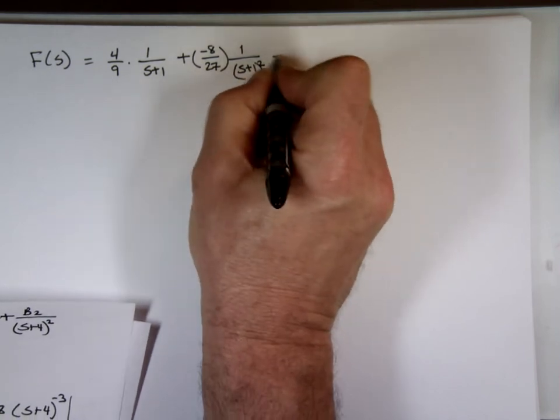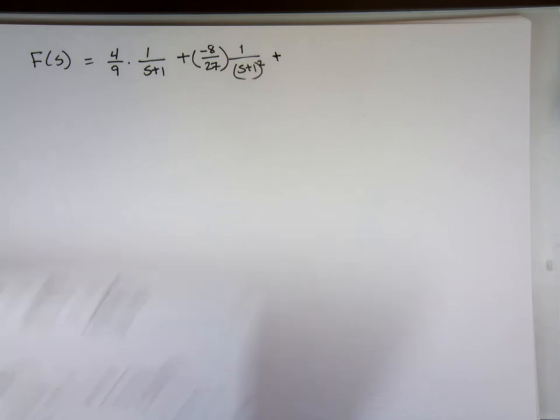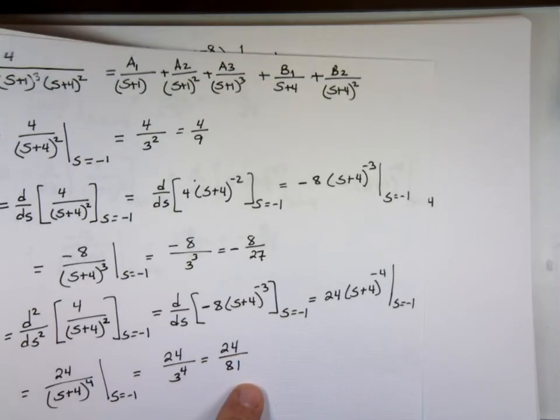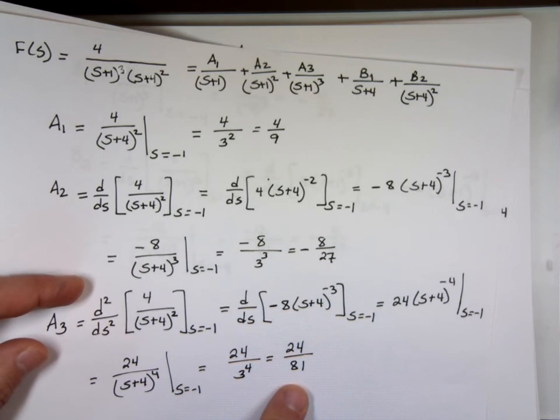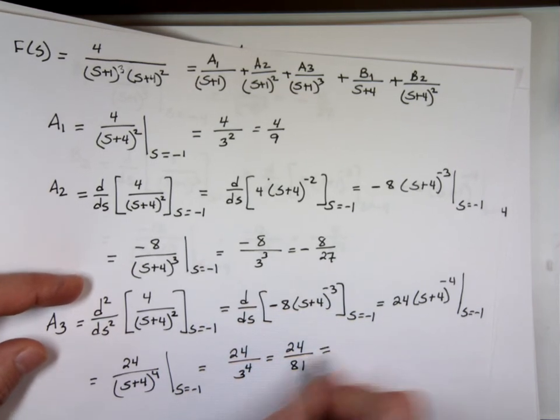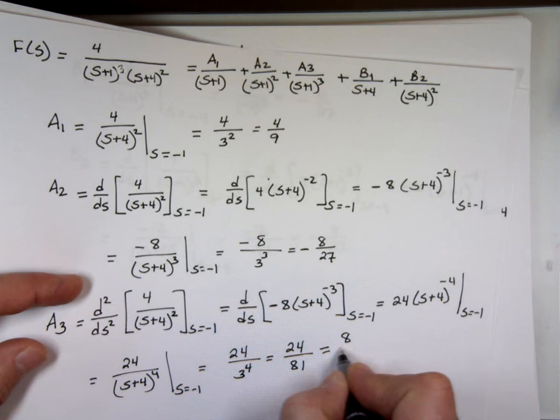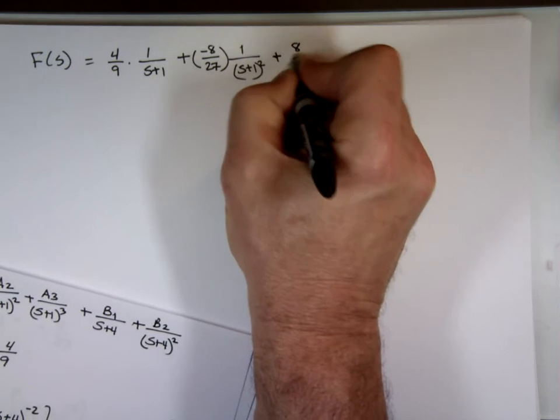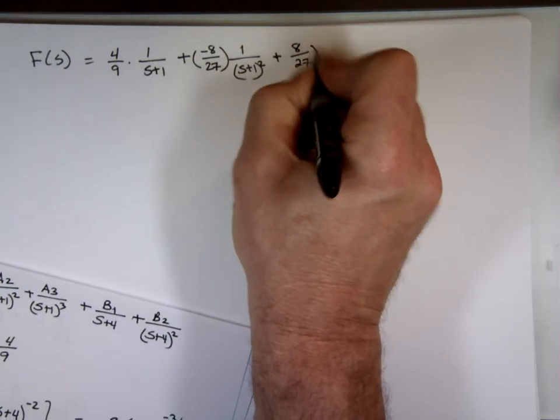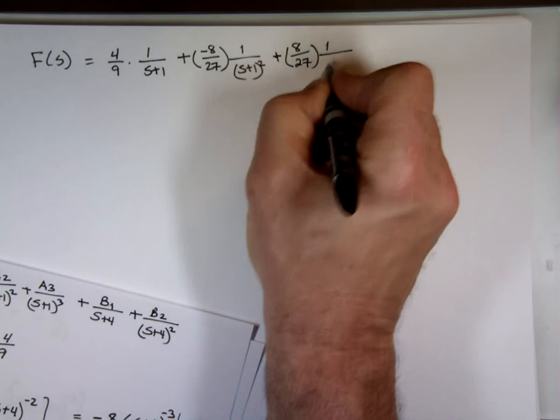Plus A3, which is 24 over 81. I can simplify, right? I can divide by 3. By 3, this is what? 8 over 27. So plus 8 over 27 times 1 over (s plus 1) cubed.